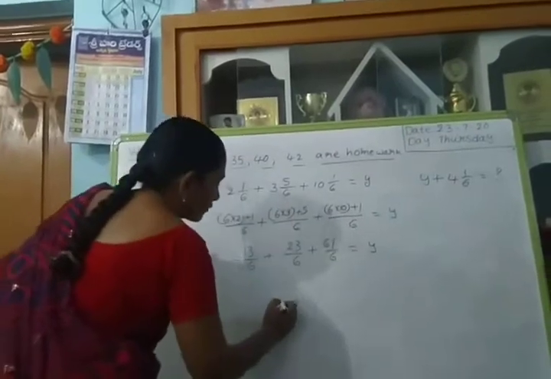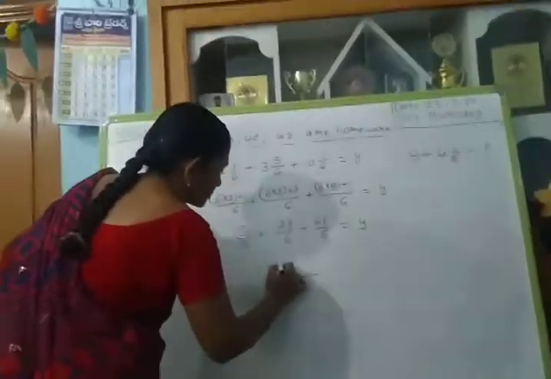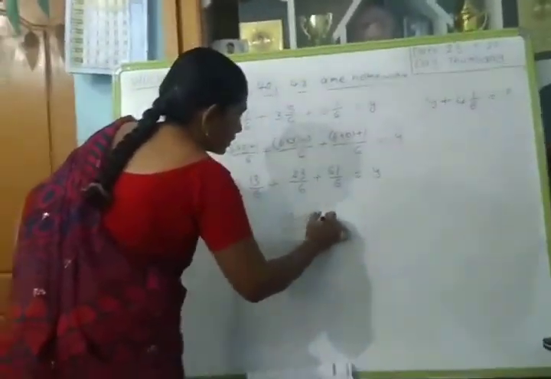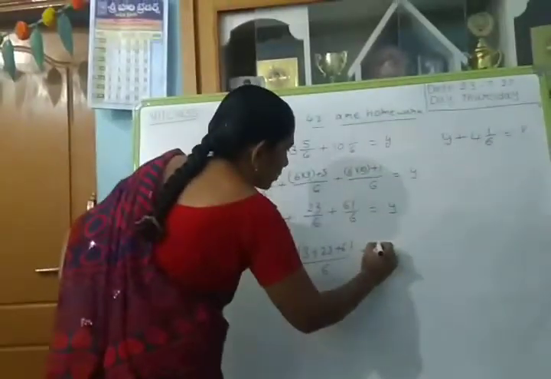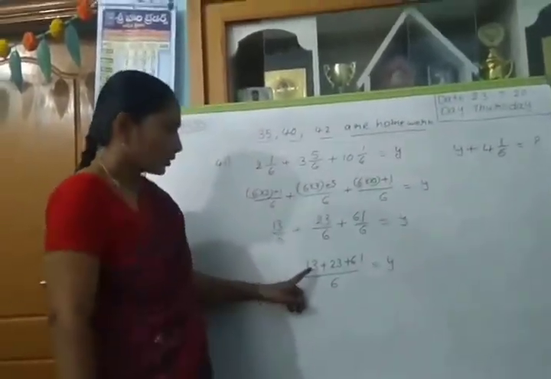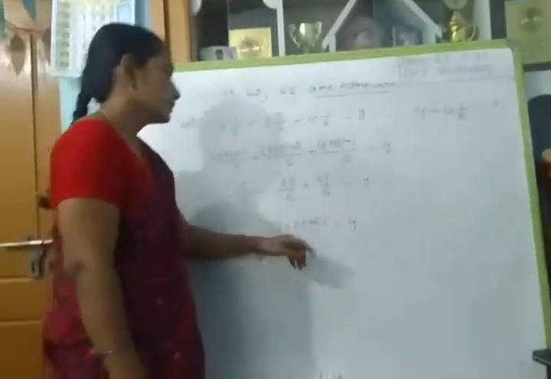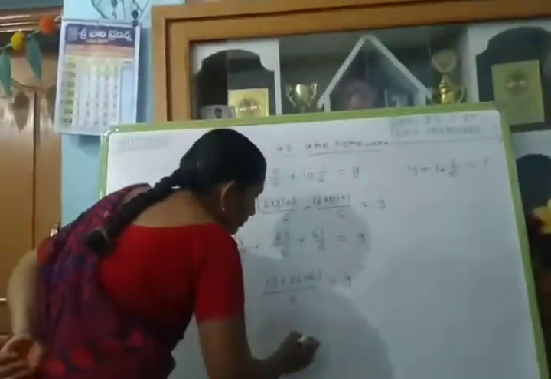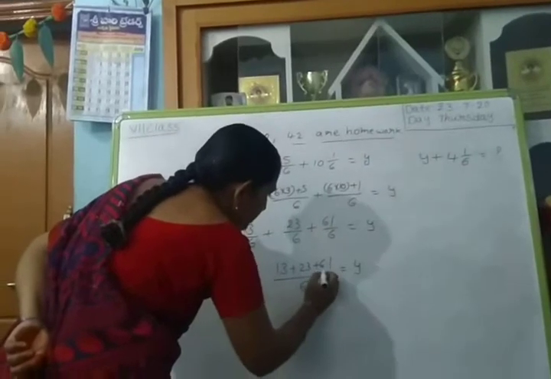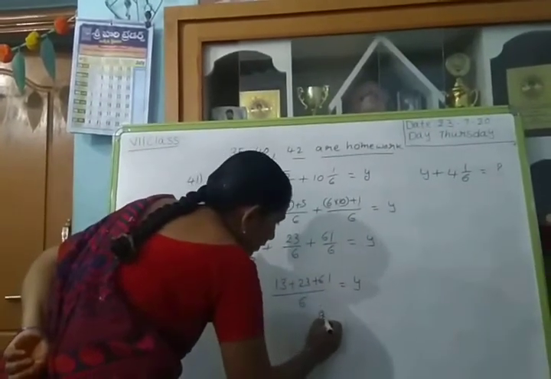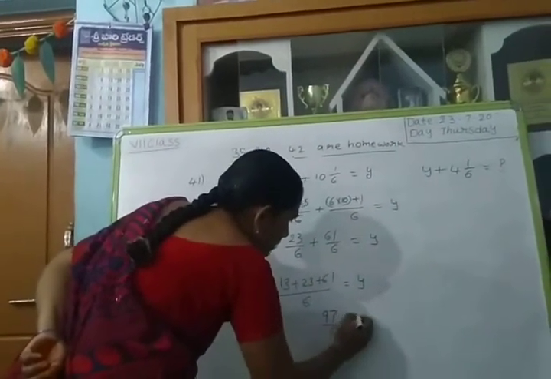So all are like fractions. Add numerators: 13 plus 23 plus 61. 13 plus 23 is 36, 36 plus 61 is 97 by 6.